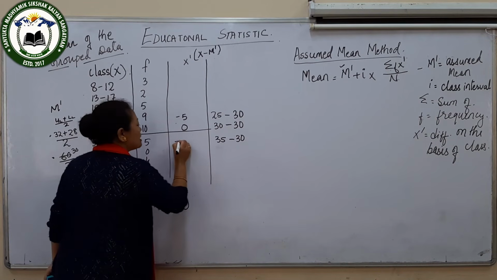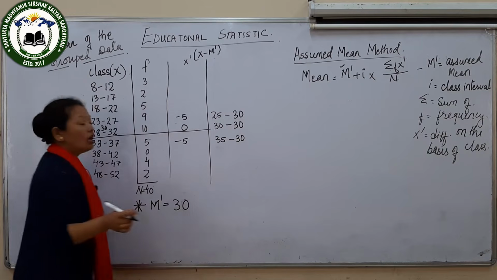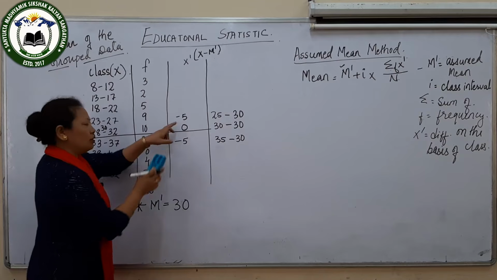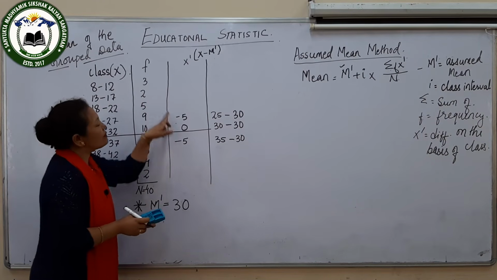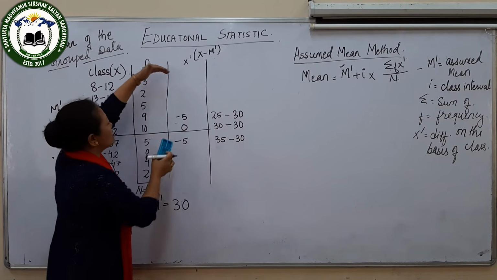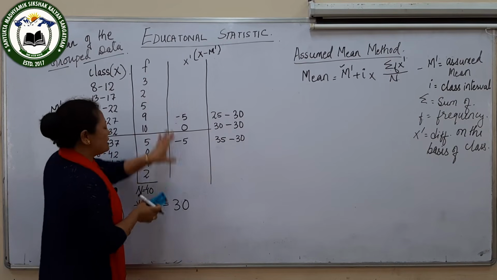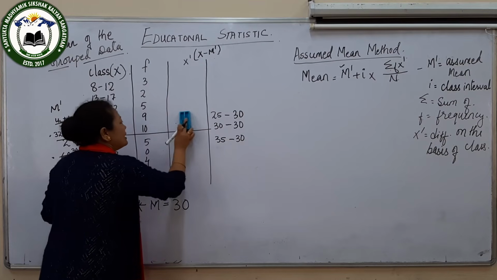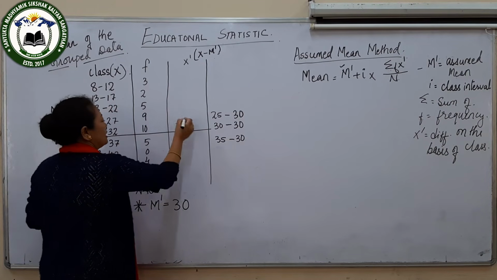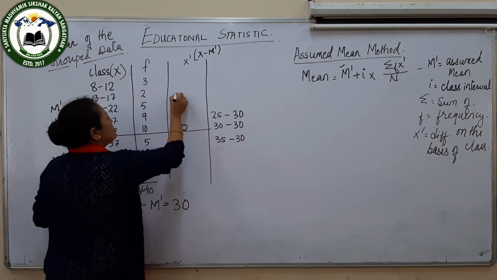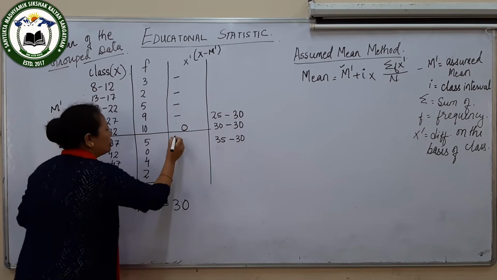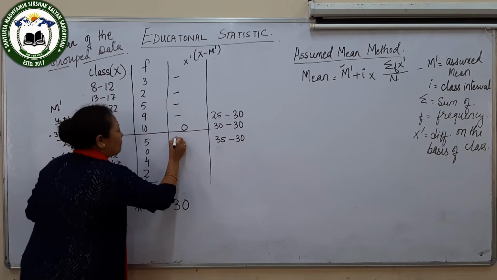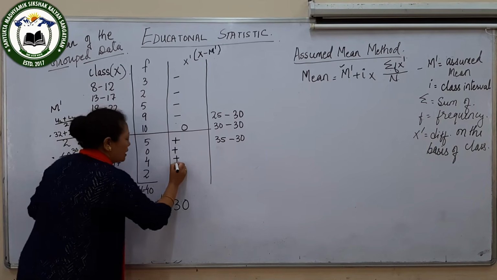So, what you will get? Minus 5. And for the convenience, for the easiness, here you can see that we have similar numbers. If you go till here, you will find the same numbers as you get over here. So, I will not write this, but instead, I write minus, minus, minus, minus over here, and for those numbers lying below the frequency, I write plus, plus, plus, plus.